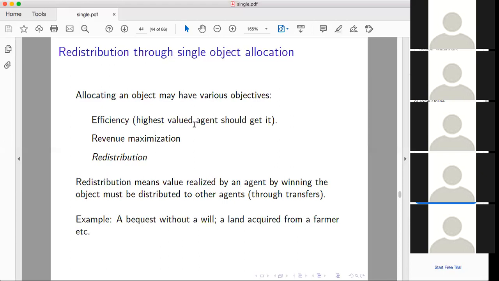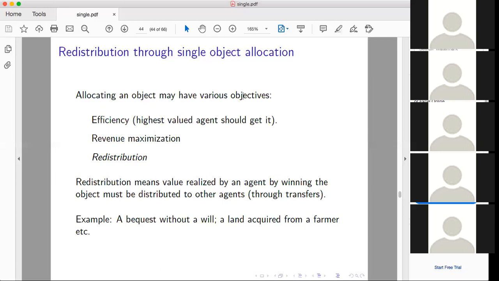Can we separate out this problem of redistribution? For example, suppose through Vickrey auctions we can extract the highest valuation consumer's utility, and then we can further do an optimization and redistribute that value among the agents as we want.